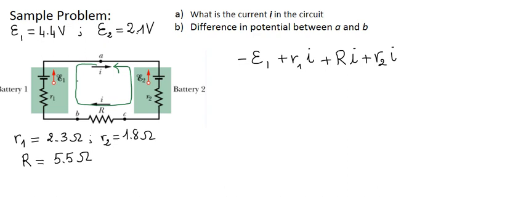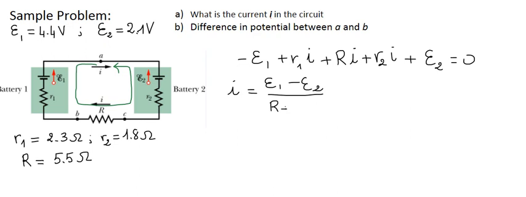Because the direction of the loop is opposite to the direction of the current in all resistors. And for the last one, the direction of the loop is in the direction of E2, so we have plus E2 equals 0. Solving this equation for the current I, we get I equals E1 minus E2 over the sum of all resistances, R plus R1 plus R2.